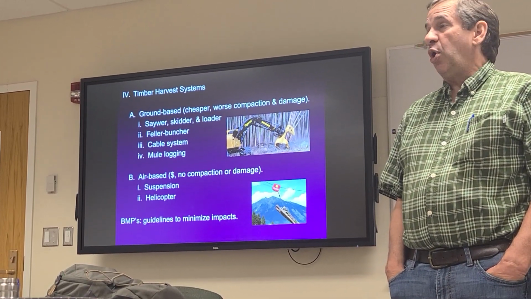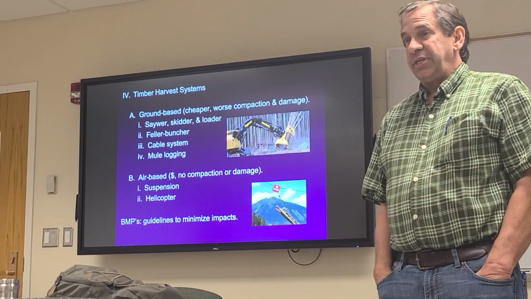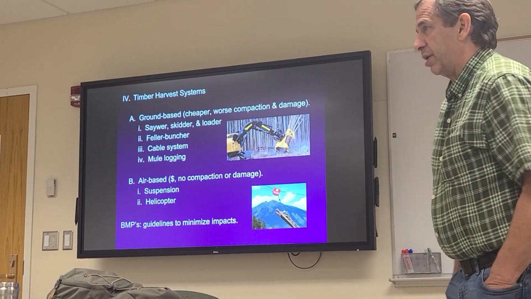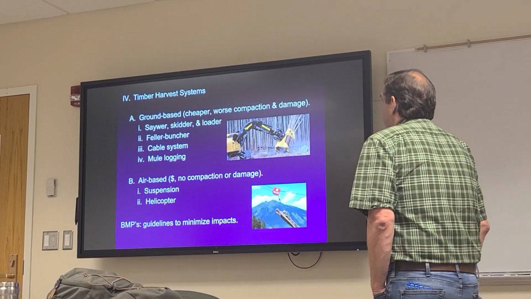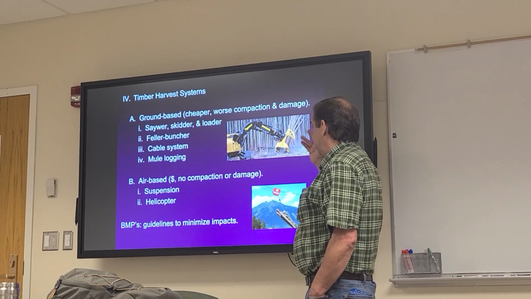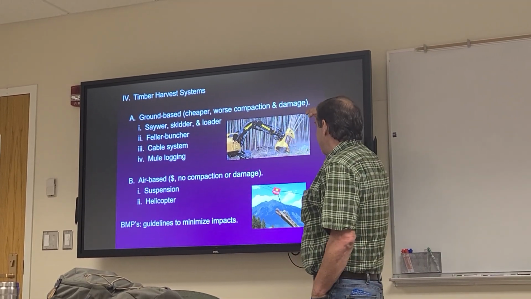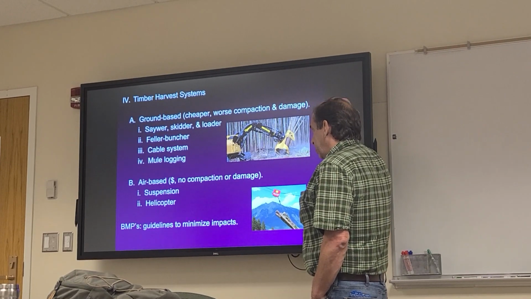So this is often old growth forest in very remote regions where, in the southeast we don't have that anymore. That's long gone. So what we usually use in this part of the world is ground-based systems. They're cheaper. You tend to have potentially more problems with soil erosion and ground compaction and damage to the other trees. So you have to be careful.